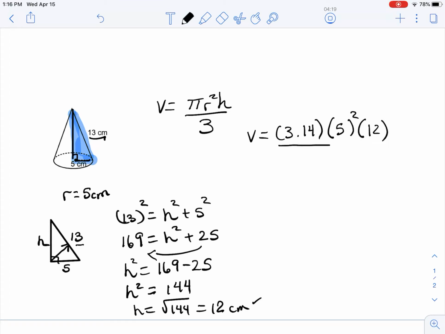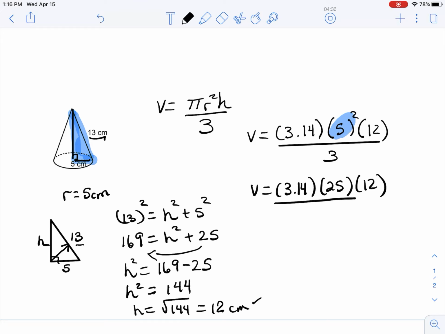Now I can go here. I can sub in with my brackets. Again, I'm going to take care of that exponent first. 5 to the exponent 2. 5 times 5 is going to give us 25.